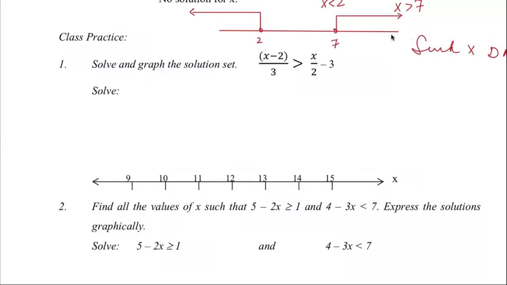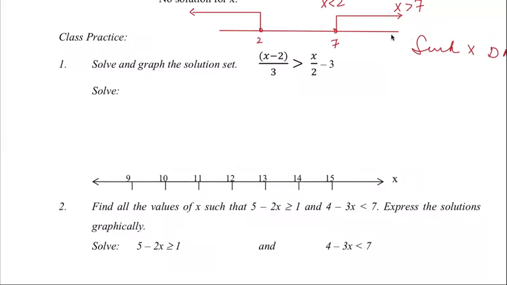Okay, so let's look at class practice. Number one says solve and graph the solution set: (x minus 2) over 3 is greater than x over 2 minus 3. Like I said in class, solving inequalities is very similar to solving equations.